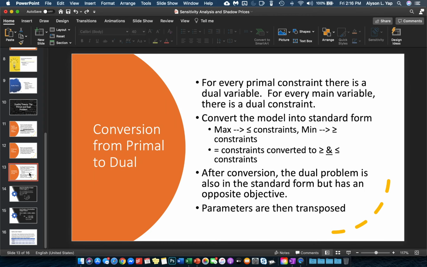Now, if ever you have an equality constraint in your model, the first thing that you have to do is to convert this equality constraint into the intersection of two inequalities, greater than or equal to and less than or equal to.